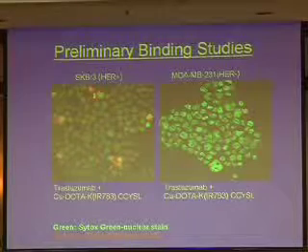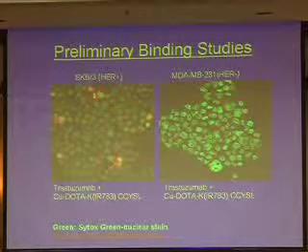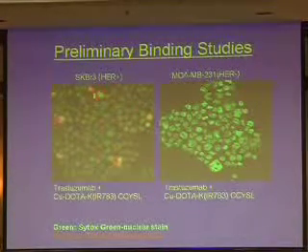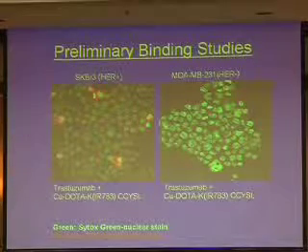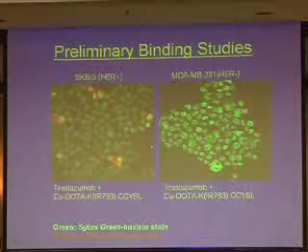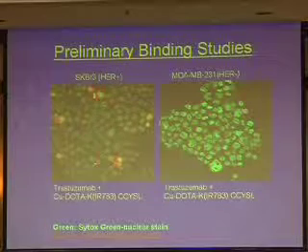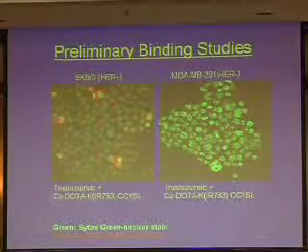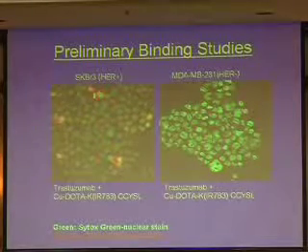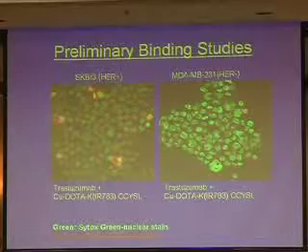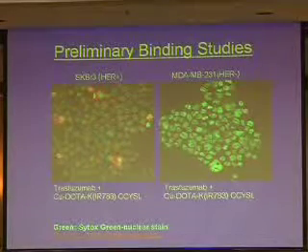If the binding site was the same, the prediction was that the antibody would be able to block binding of the peptide. It's a little difficult to see here, but there was a pretty strong signal, so it appeared that the antibody was not able to block the binding of the peptide, which suggests to us that they possibly have different binding sites.